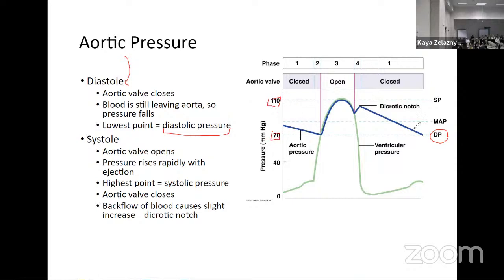Those numbers are a comparison of the pressure in your arteries during systole, that stress part when the heart is squeezing out, versus the pressure in your blood vessels during diastole, so that relaxed phase when the heart is filling with blood.